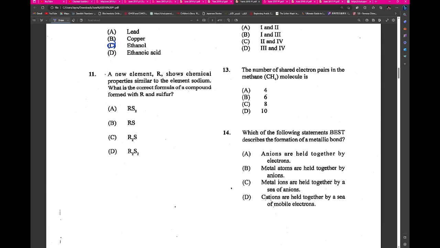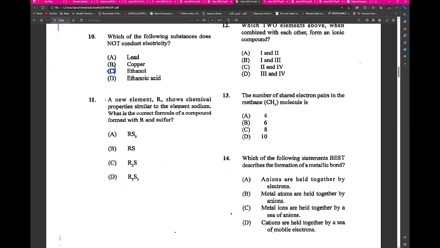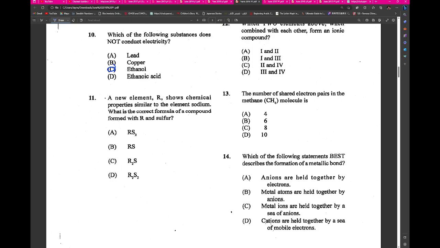A new element R shows properties similar to that of sodium and sulfur. So sodium and sulfur, we know that sodium would be plus and sulfur is 2 minus. So wouldn't you need RS2? Let's look at this. The charge on sulfur. Which group is sulfur in?